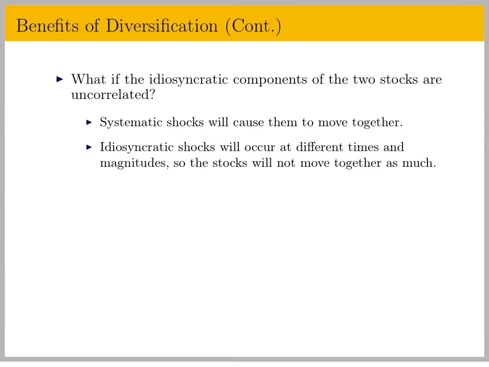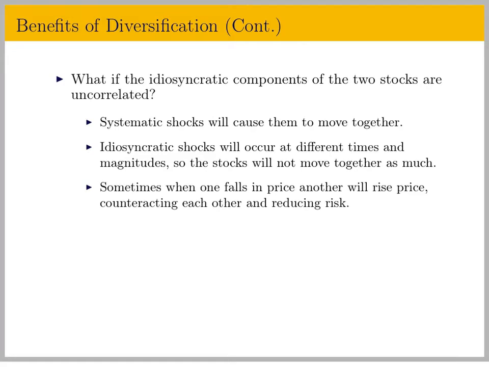But the idiosyncratic shocks, or the risk that's due to their idiosyncratic nature, will occur at different times and will have different magnitudes and will not cause the prices to move in lockstep. And so that will cause the overall prices of the assets to move not exactly together. And that will improve the risk characteristics of the portfolio.